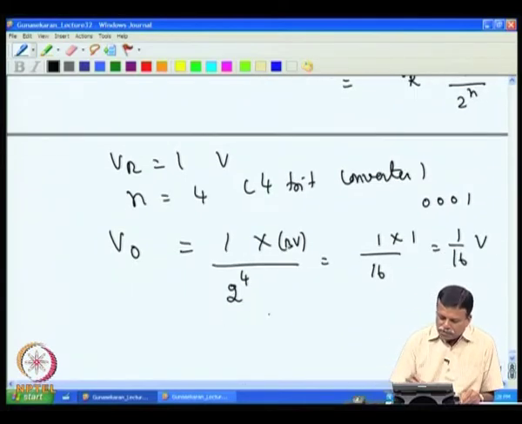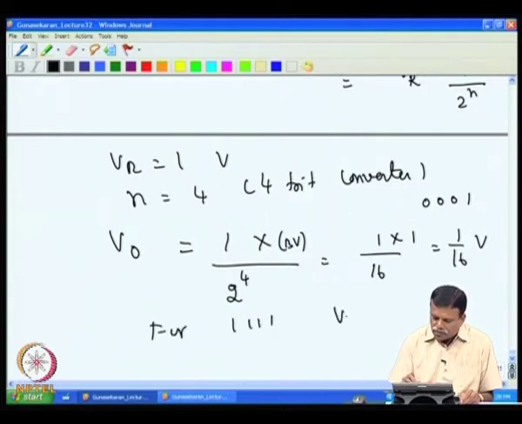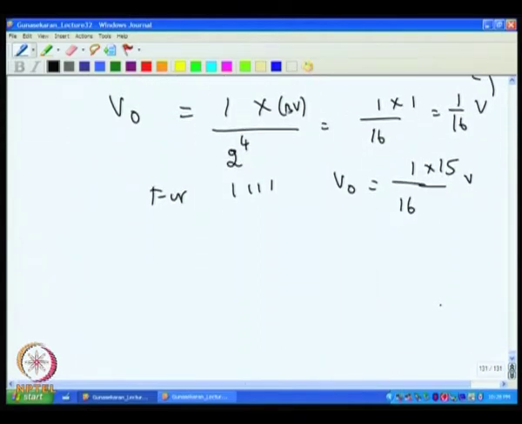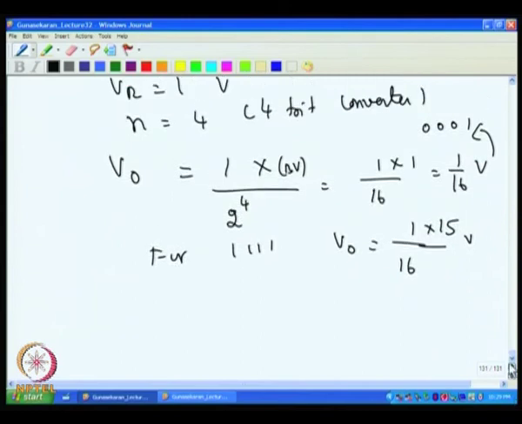Similarly, if all bits are high, 1 1 1 1, then V0 would be 1 volt divided by 16 times 15, so 15 by 16 volt will be the output. This is what the DAC is doing. The output voltage depends upon V reference and the number of bits that we are using for the digital input.